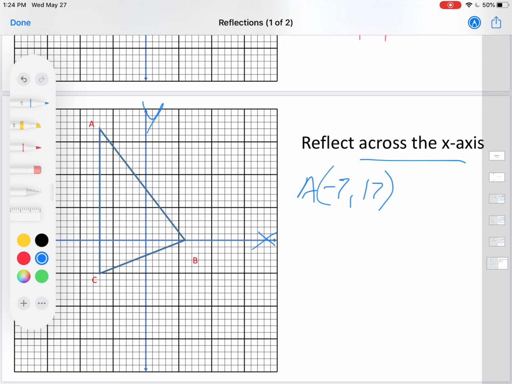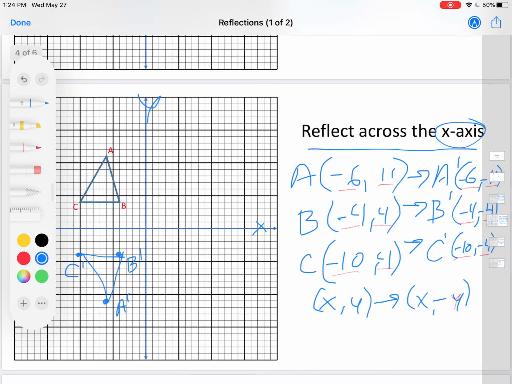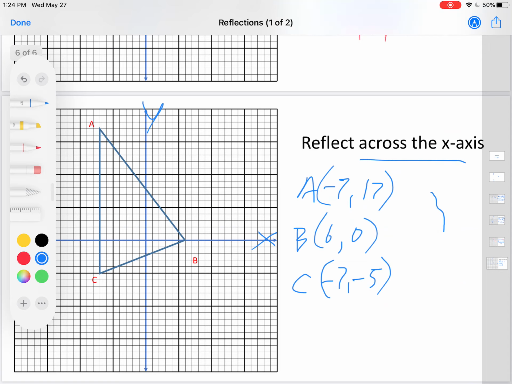B is +6, 0, because it doesn't go up and down, it's right on the x-axis. C is -7, -5. We're going across the x-axis, and the rule for across the x-axis, remember, is (x, y) becomes (x, opposite y). X stays the same, y changes.